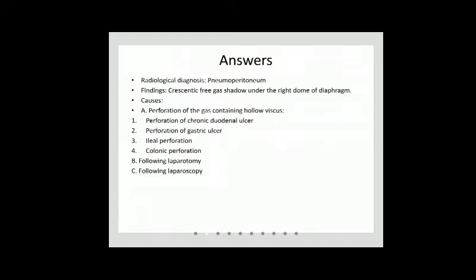Findings: gas under the right dome of the diaphragm. And causes, as we have already mentioned, perforation of a hollow viscus: duodenal ulcer, gastric ulcer, ileal perforation, colonic perforation, and post laparoscopy.